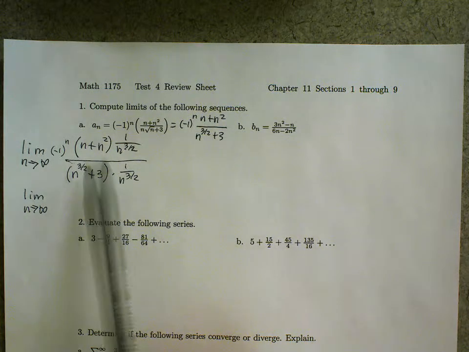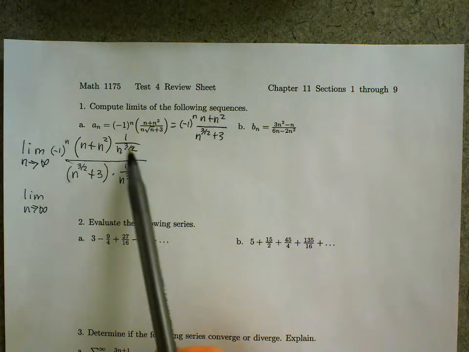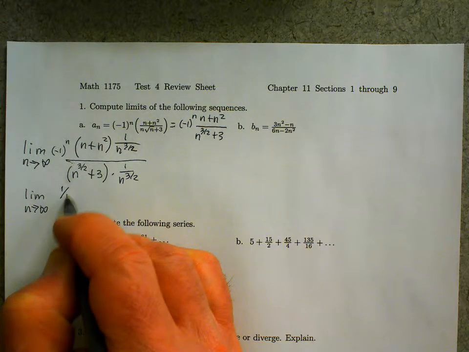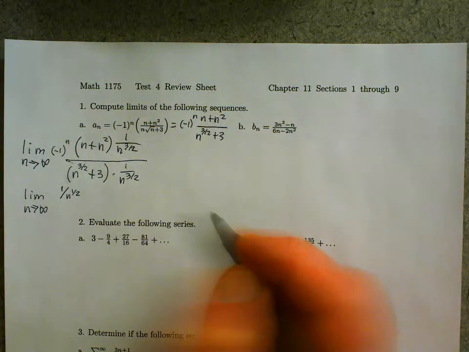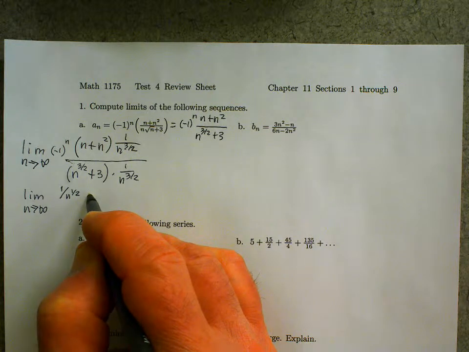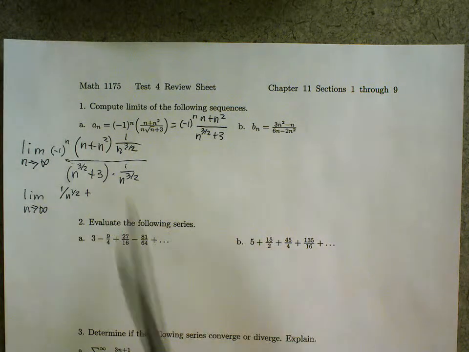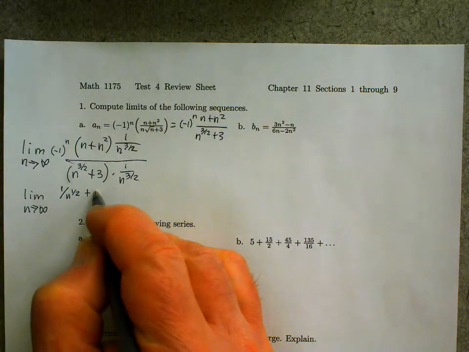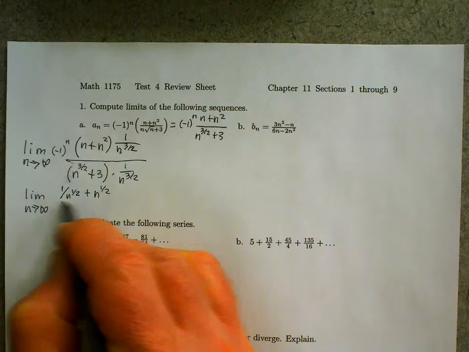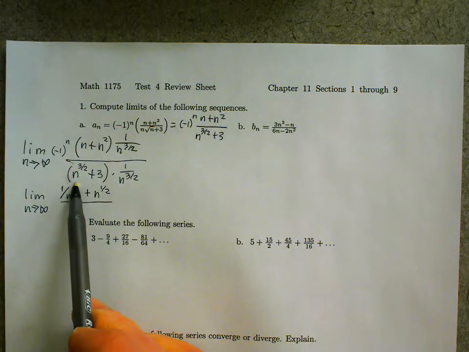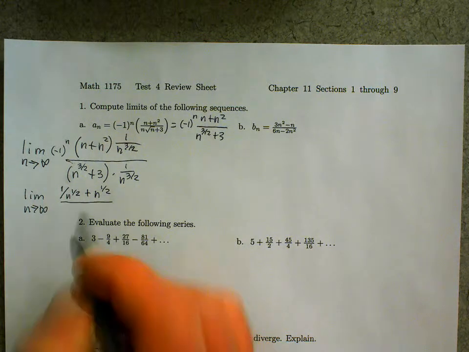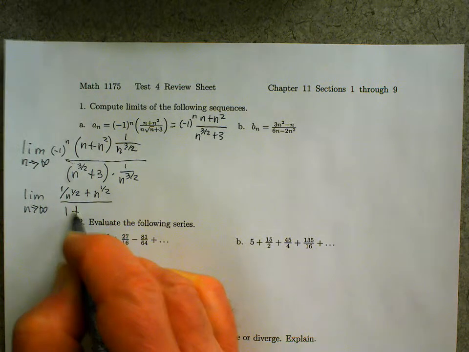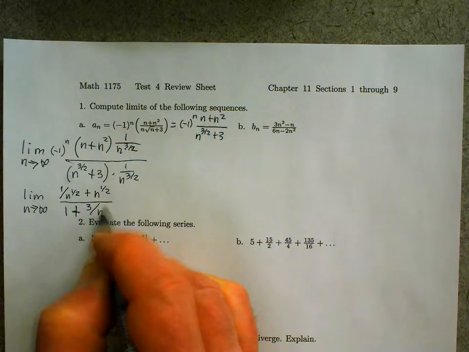so in the numerator, n times 1 over n to the 3/2 is 1 over n to the 1/2. And then n squared times 1 over n to the 3/2 is n to the 1/2. And in the denominator, n to the 3/2 times 1 over n to the 3/2 is 1, and then plus 3 over n to the 3/2.